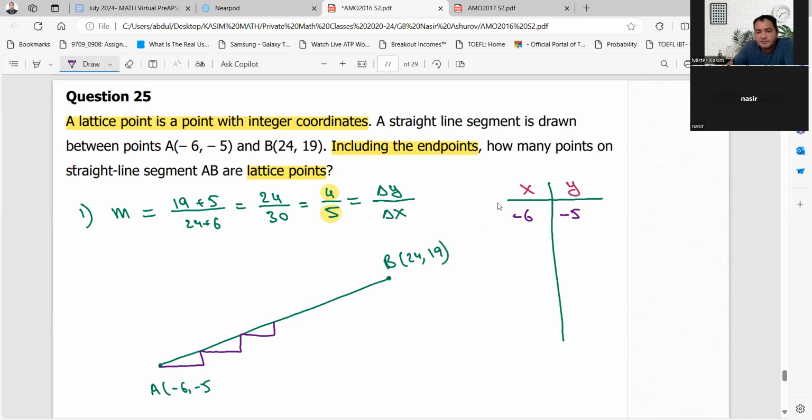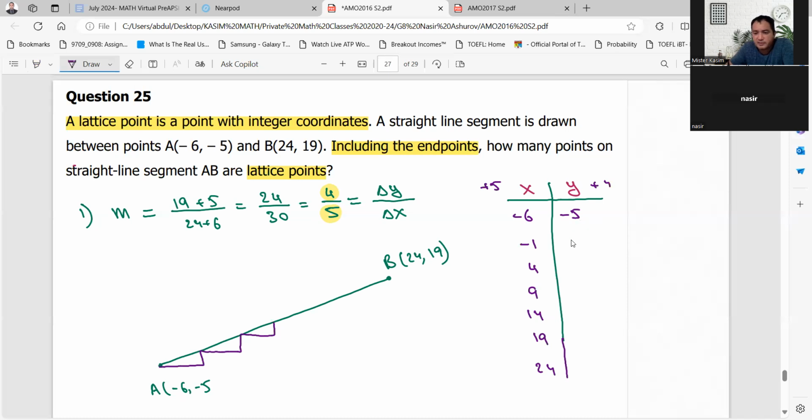So now here we are adding plus 5 and plus 4. Negative 6 plus 5, negative 1. Plus 5, 4. Plus 5, 9. Plus 5, 14. Plus 5, 19. Plus 5, 24. So I reached that point.